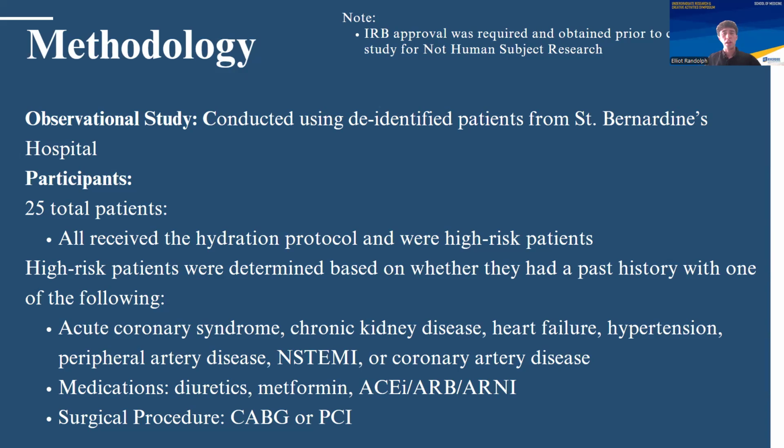So in total, there were 25 patients that participated in the study, which all received what we considered to be our hydration protocol for our procedure. And so all of these patients were labeled as high-risk patients, in which they all had a past history with one of the following: acute coronary syndrome, chronic kidney disease, and more, as listed below.